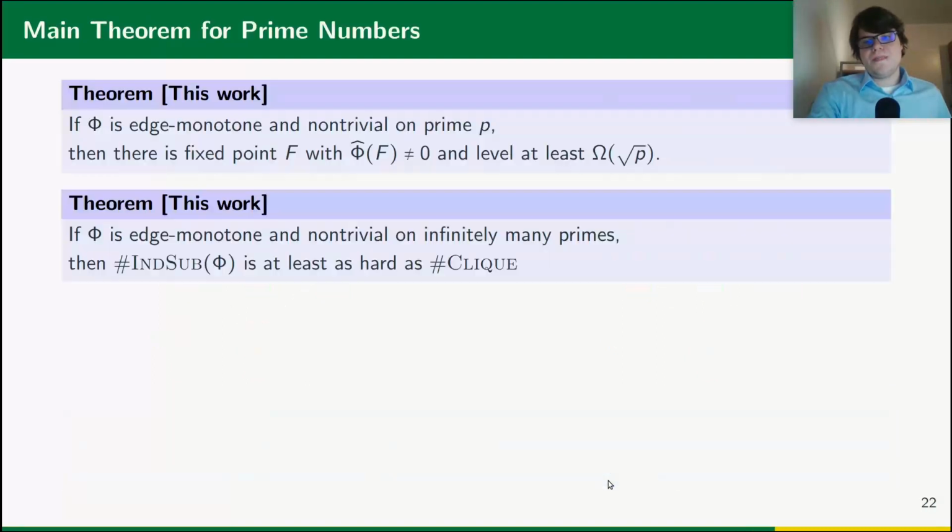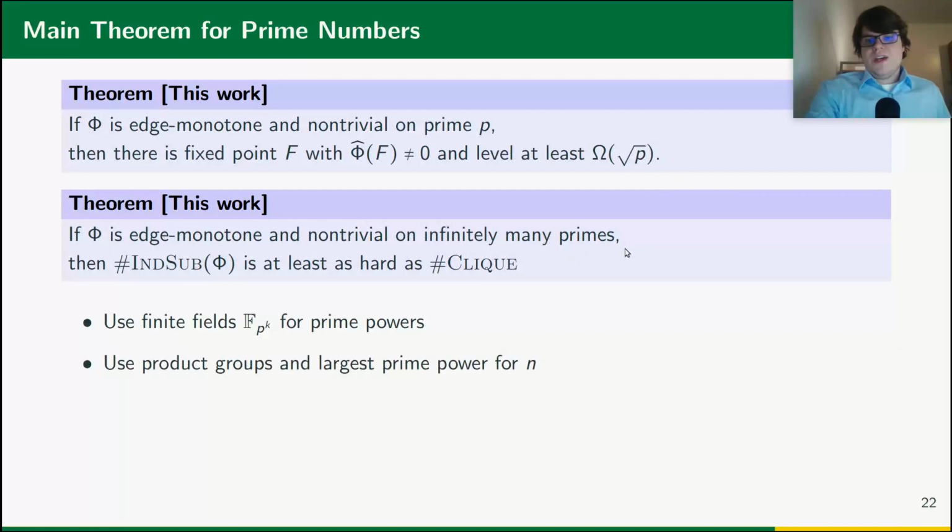Of course, this is not enough, because this only shows the case where phi is non-trivial on infinitely many prime numbers, and this is not what we want to show. Instead, we have to first go to prime powers, meaning that we have to go to finite fields, which is a very natural extension to what we just did.